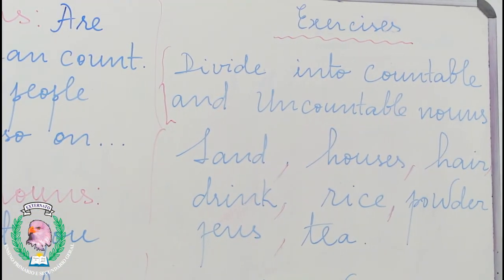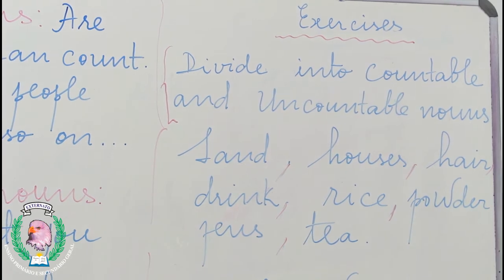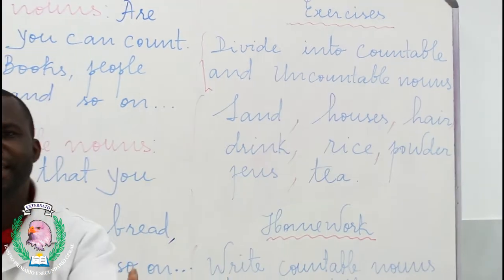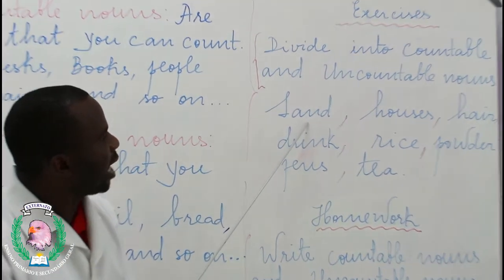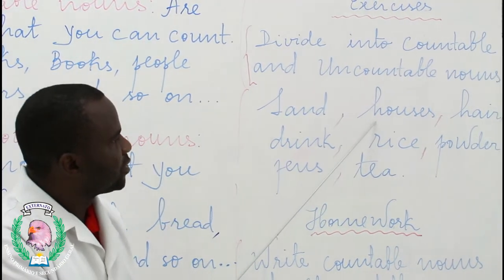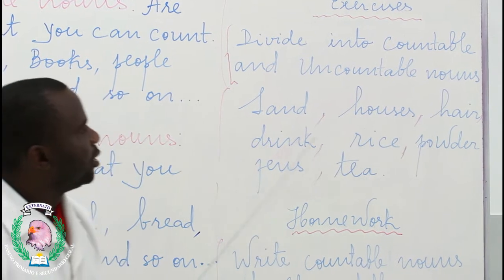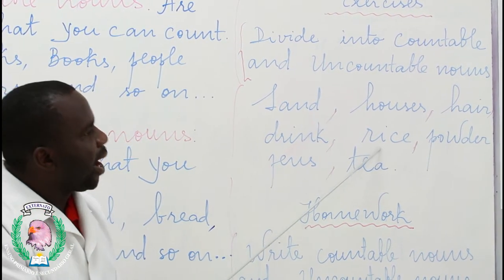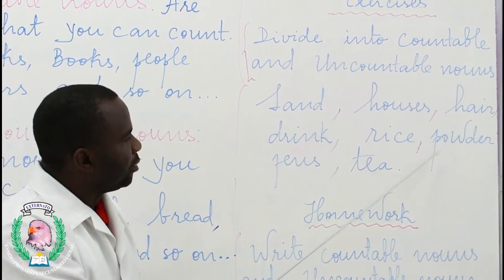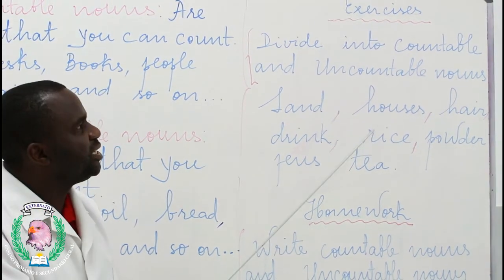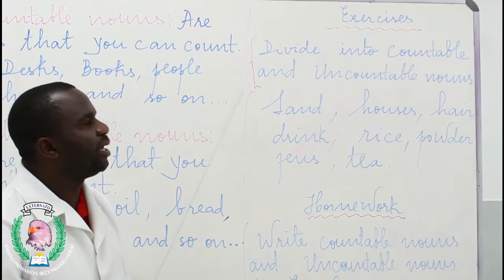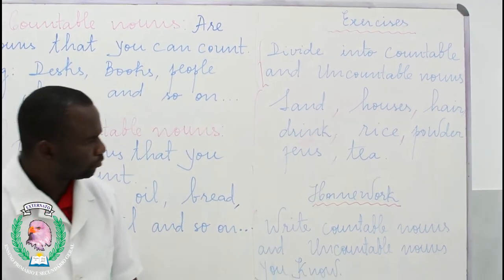It's for you to write, to make a division, to say this is countable, this is uncountable. Here we have sand, house, herb, drink, rice, powder, pens, and tea. You are going to divide these into 2 groups, countable and uncountable nouns.